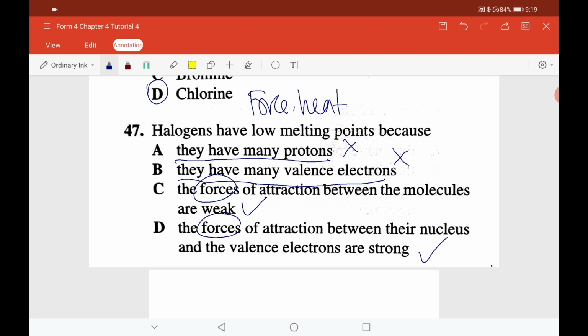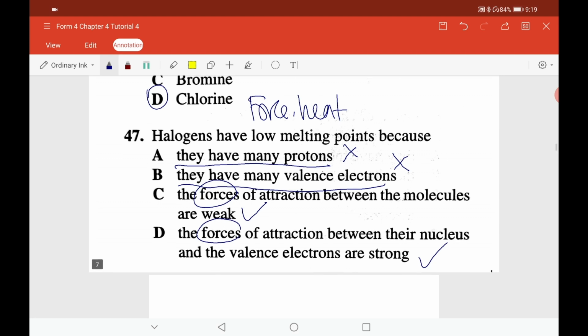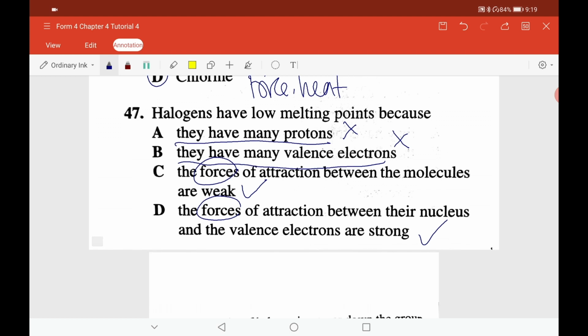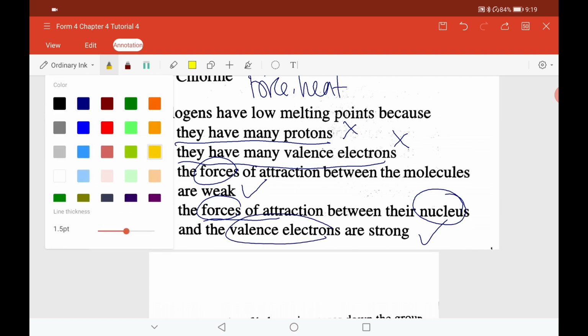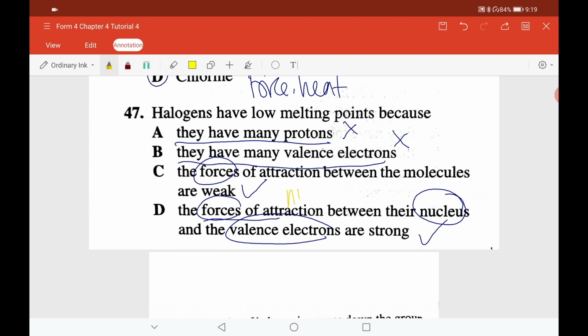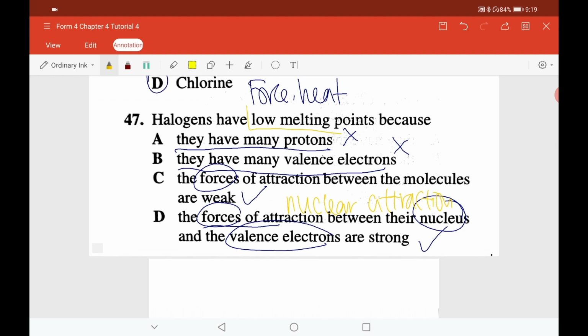Okay, all right. So how to choose answer C and D? Answer D is the force between nucleus and the valence electron. So nucleus and valence electron, the force is called nuclear attraction. And nuclear attraction is not used to explain about melting point, boiling point.